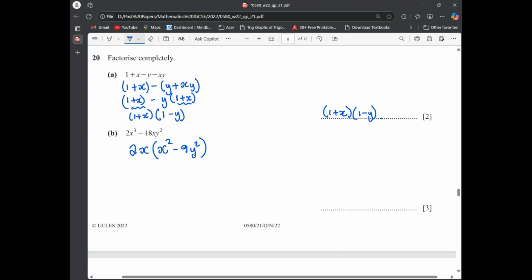This expression inside the bracket is a difference of two squares. I can further factorize this then as a difference of two squares as x minus 3y and x plus 3y. And that is my final answer. 2x times x minus 3y times x plus 3y.